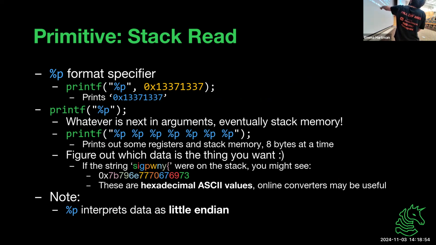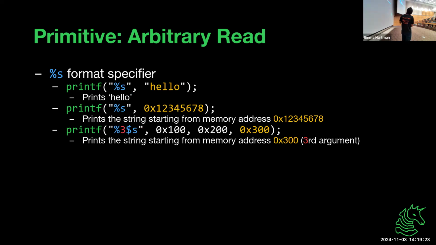And so %p prints out little endian values, so your string is going to come out in reverse. If the SIGPwny string is going to show up, you're going to see 73, 69, 67, and so on. These are hexadecimal ASCII values. So printf, if used without having the right number of arguments, with too many format specifiers, we get arbitrary reads off of the stack.